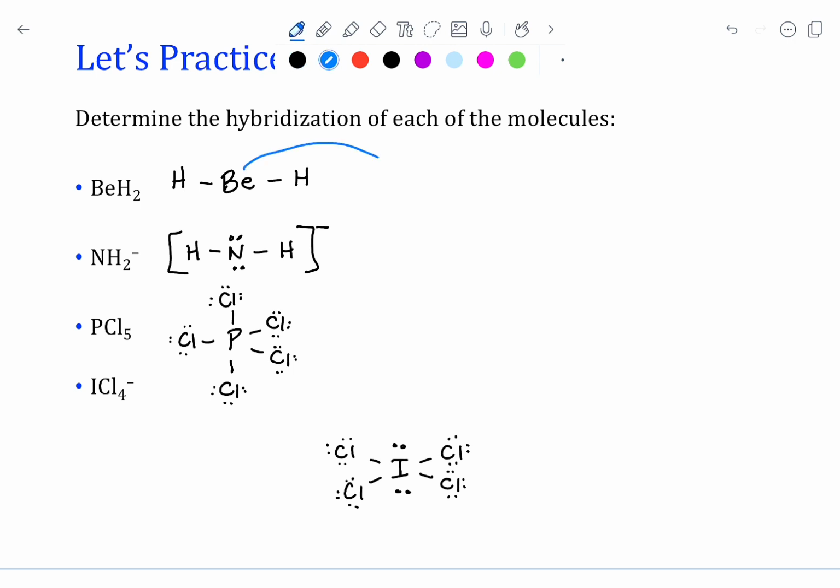So let's look at beryllium. Beryllium originally has 2s2. That's where its valence electrons are in the 2s orbital, and there's 2 of them. It's in group 2. So in order to unpair these, we're going to promote one of those electrons into the 2p orbital.